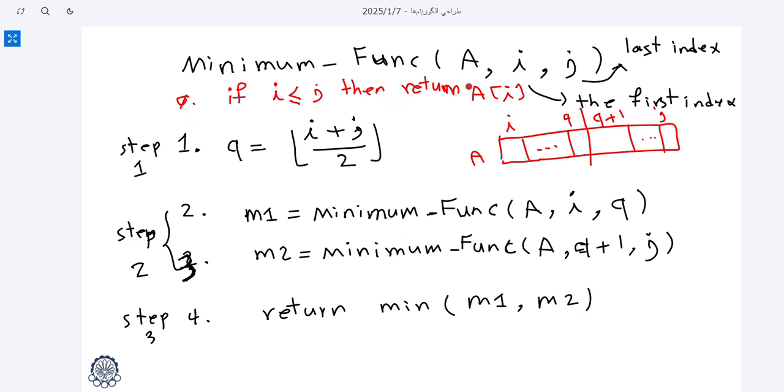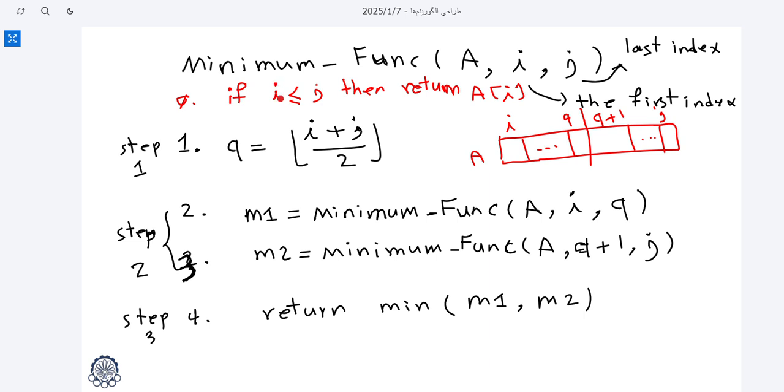So in the first line of the algorithm, we write the stop condition. The stop condition is that we have only one number in the array, and when the first index and the last index become equal. So I put the stop condition in the first line of the algorithm.